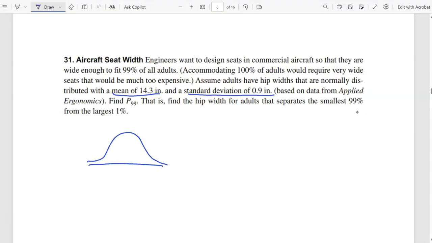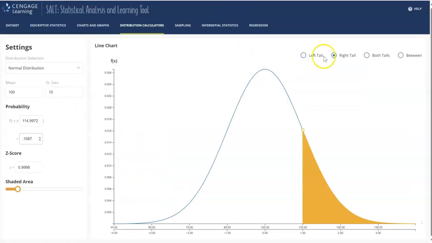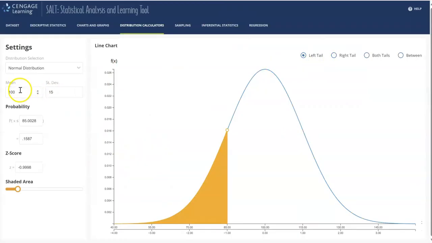So let's draw a picture of what's going on. Here's our 99%. That's going to be in your bottom. There's your 1% here. And we are looking for that cutoff score. What would that be? Notice we're shaded to the left, and 99% is shaded to the left. So we're going to go over here, left tail.